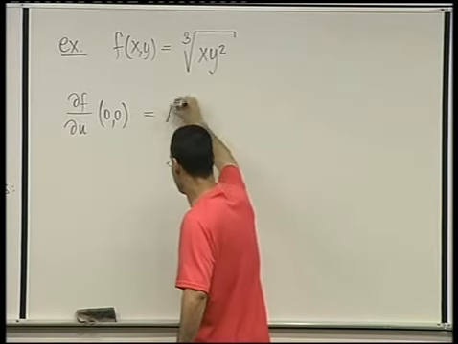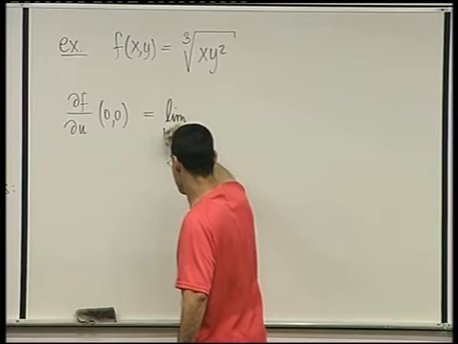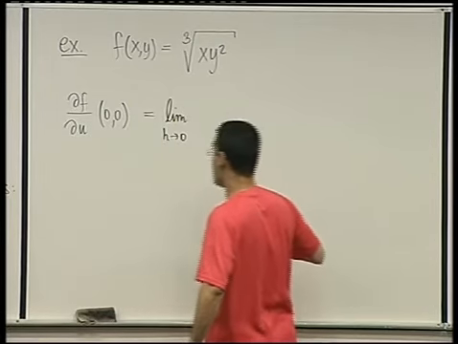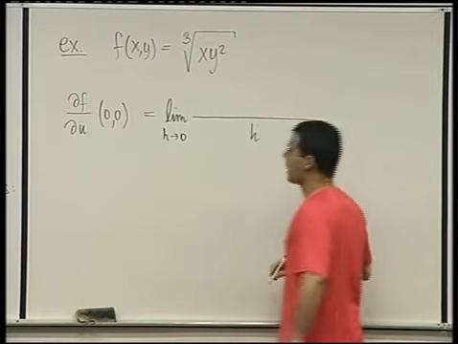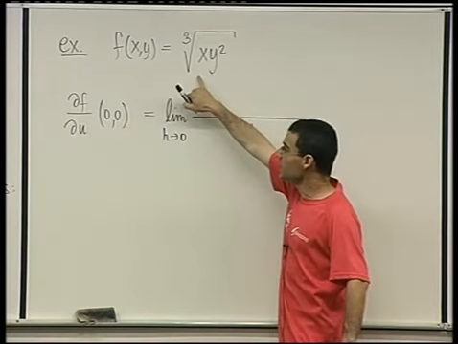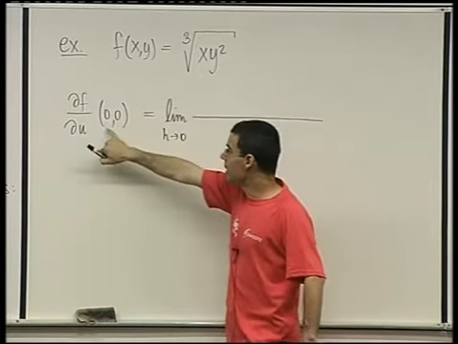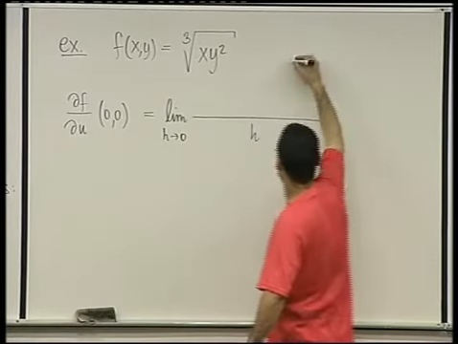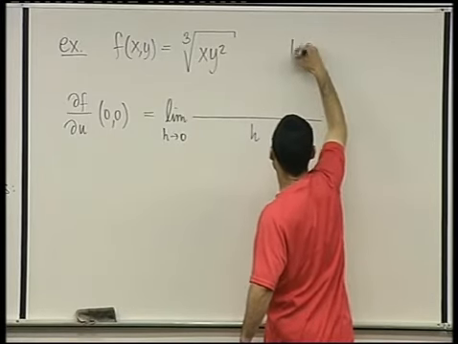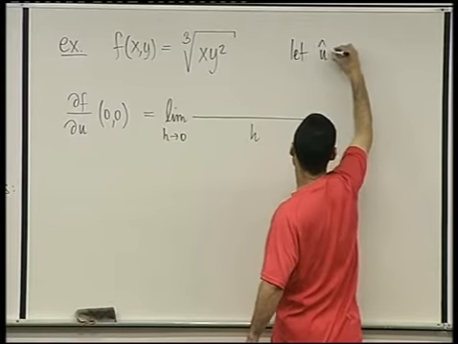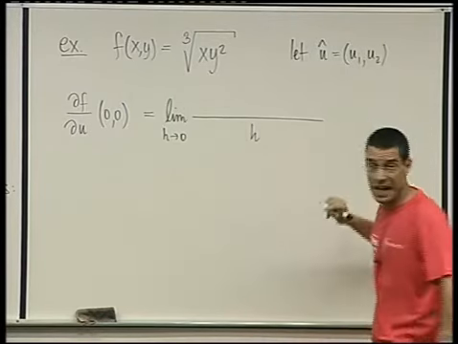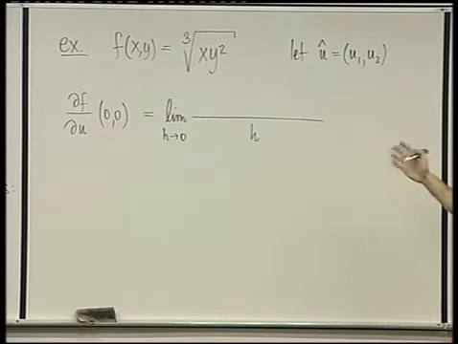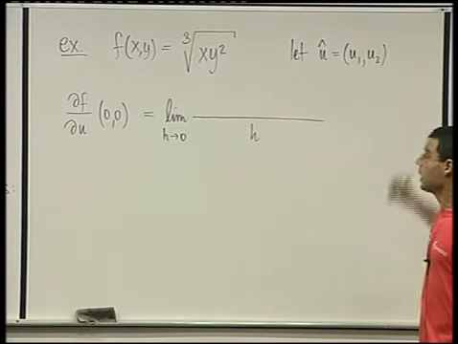So I want the limit, as h goes to 0, of the function evaluated at, let u equal (u1, u2). I'm not saying what u is yet. We're going to see that what we get is good for any u.